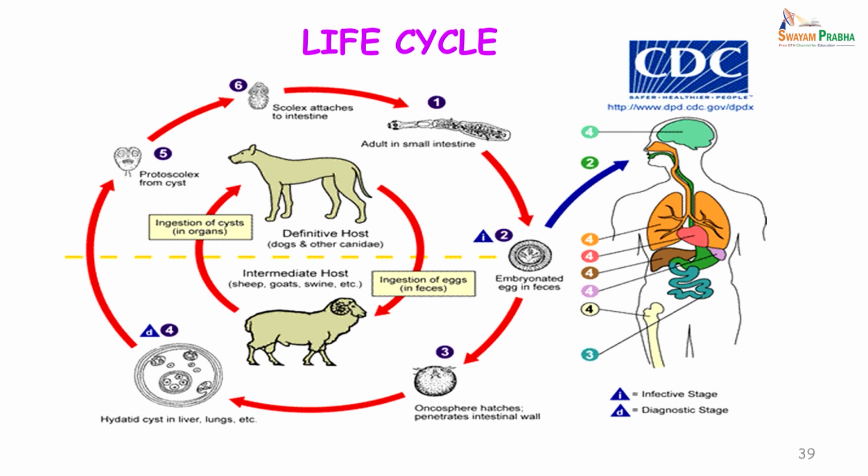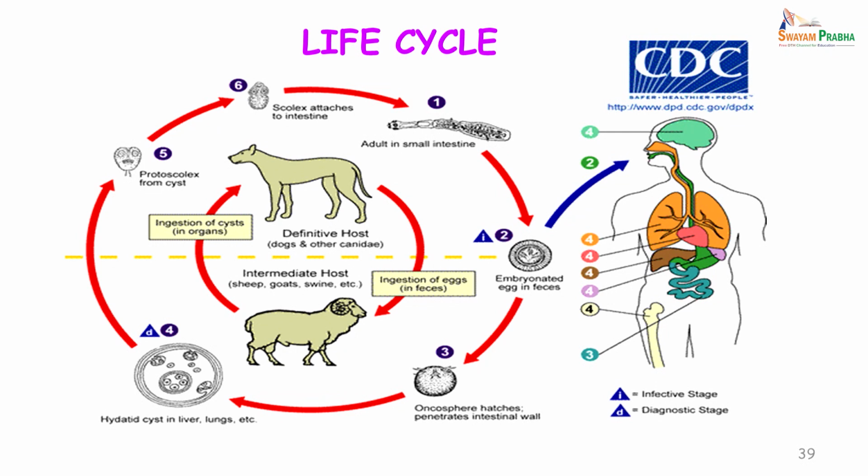Then we move on to the cycle in the dog. Now, as far as man is concerned, the hydatid cyst is at the end stage. But suppose this had happened in a sheep or goat. The cysticerci or the hydatid cyst is going to be present within the muscle of these animals.